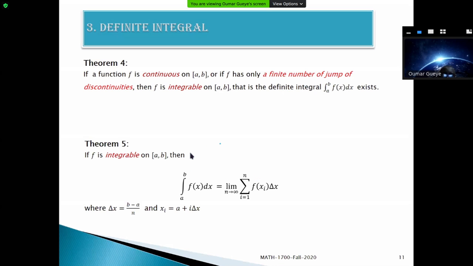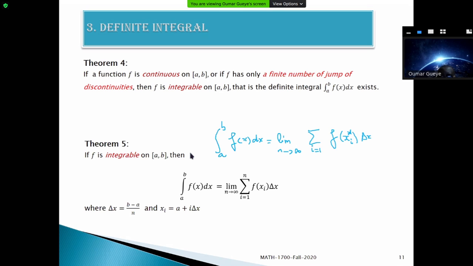The definition says the integral from A to B of f of x dx, based on what we did at the beginning, is equal to the limit when n goes to infinity of the sum of f at xi star, as we said at the beginning when we were defining a definite integral, times delta x, when i goes from 1 to n.